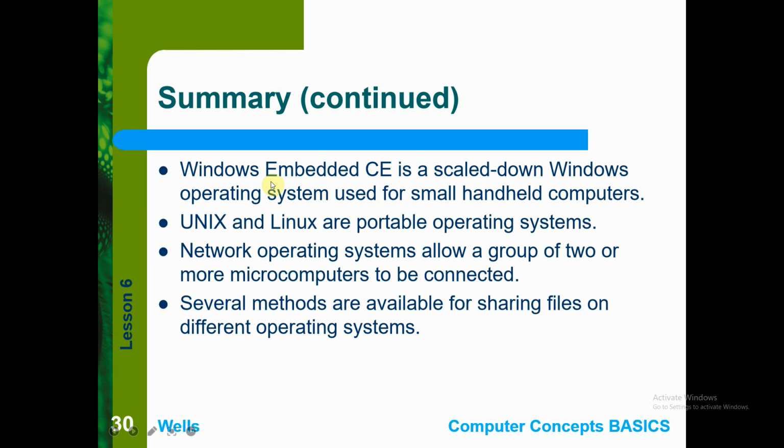Lastly, Windows Embedded CE is a scaled-down computer operating system used for small and handheld computers. For portable operating systems, Unix and Linux are the best examples of this type of system. Then the network operating system allows a group of two or more computers to be connected, and several methods are available for sharing files across different types of operating systems.